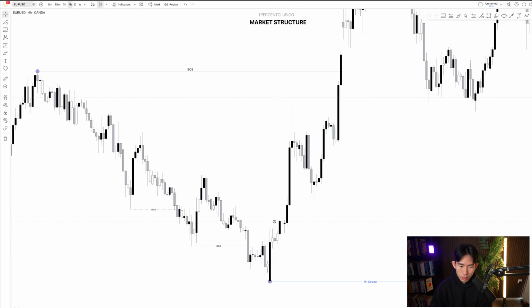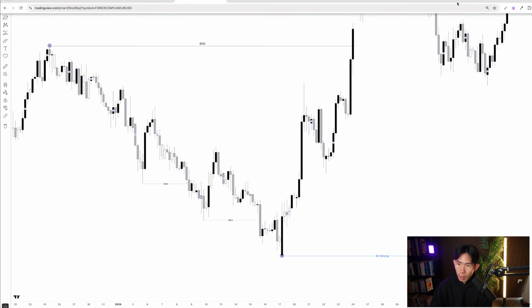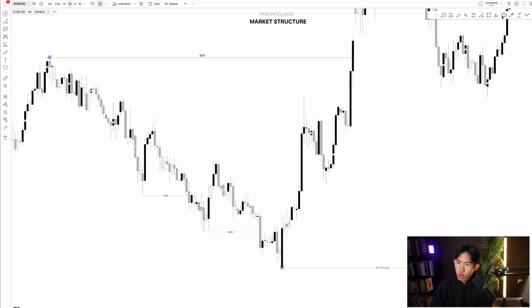So in this case, this becomes the swing internal high and internal low. Let me map that out for you guys with the highlighter tool again, right here. Okay, so let me just map that out in the red color, just to show you guys. This is the internal high, internal low, internal high, internal low.